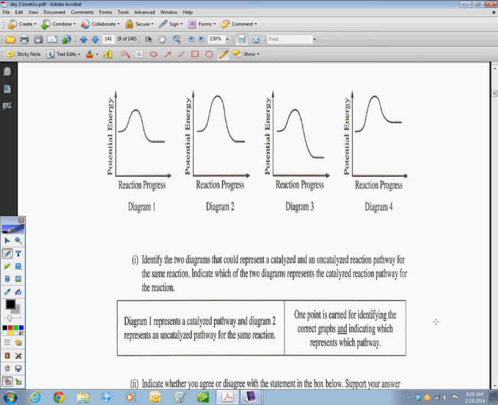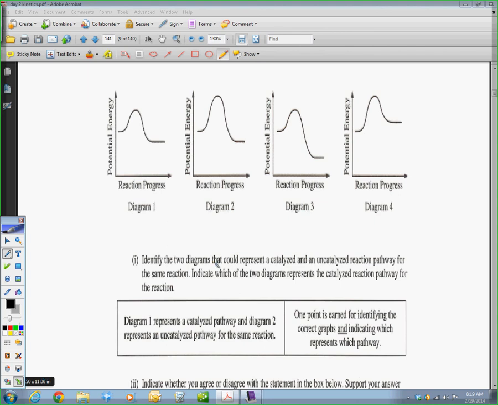Here are 4 potential energy diagrams. And it says identify 2 diagrams that could represent a catalyzed and an uncatalyzed reaction for the same reaction. How would you know that they would be for the same reaction? Well, if it's the same reaction, you have the same reactants, so the reactants would have to have the same amount of potential energy.